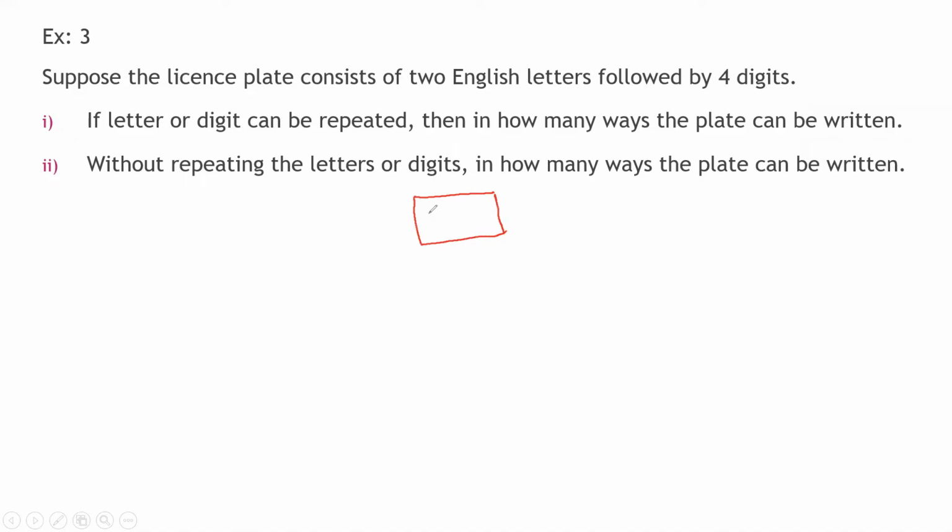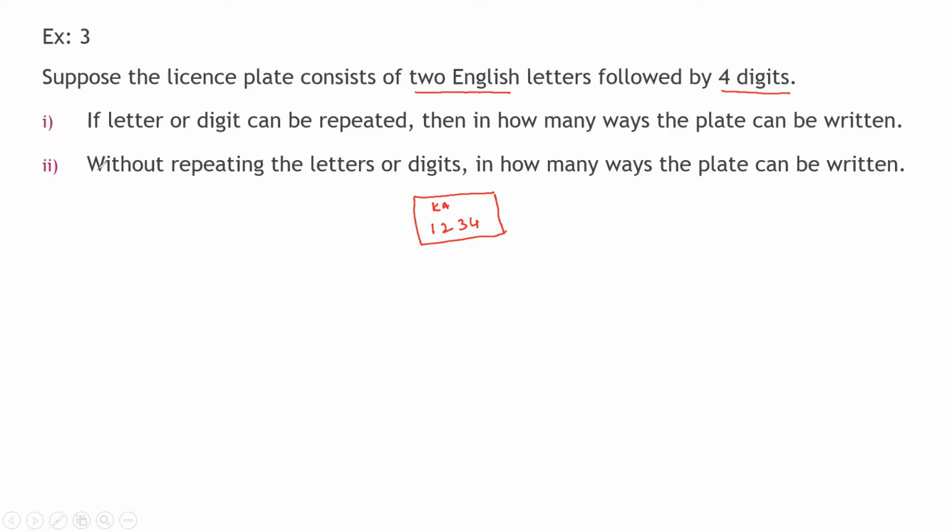There are 2 alphabets. It can be KA, AB, anything. It doesn't have meaning here. 2 letters, and then 4 digits are there: 1, 2, 3, 4, like this.